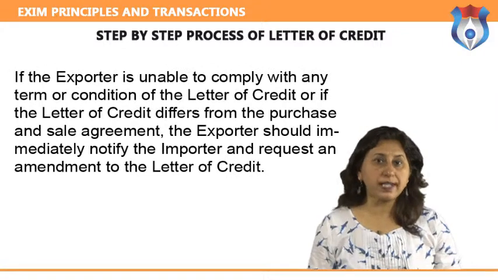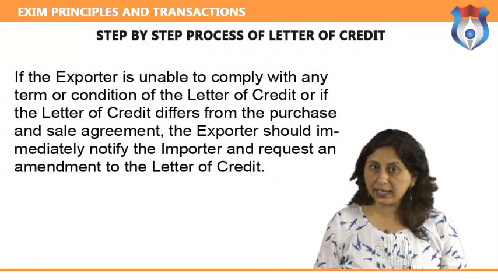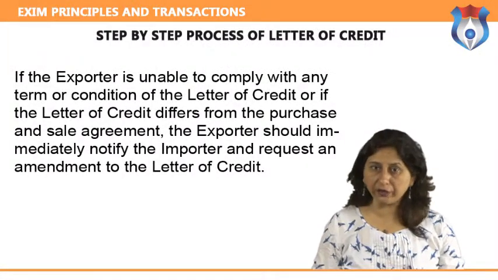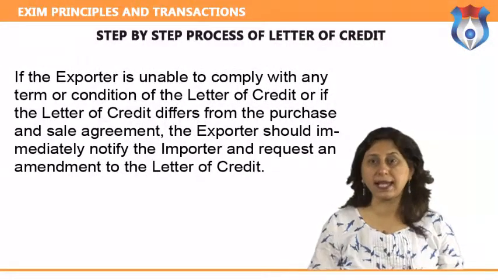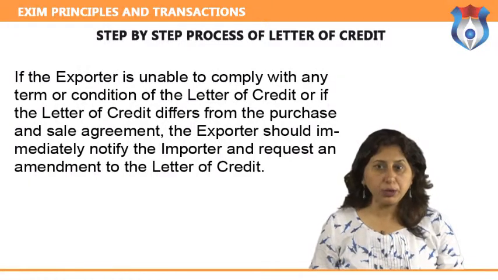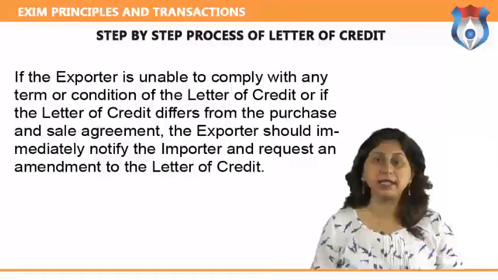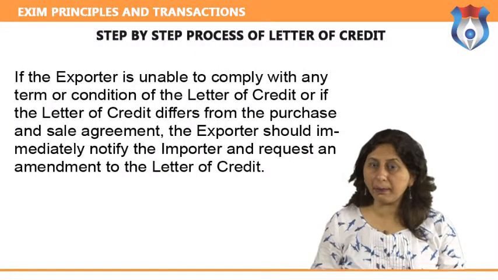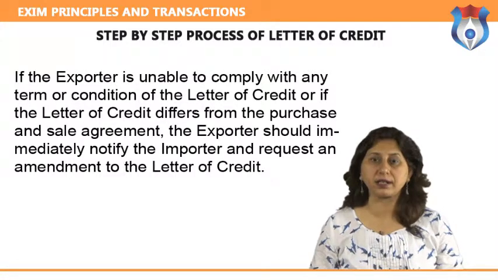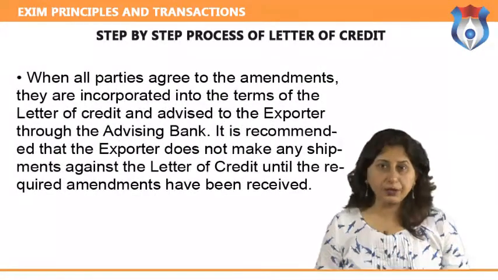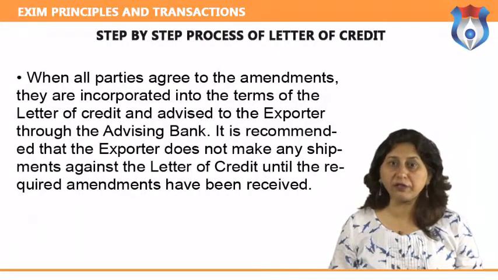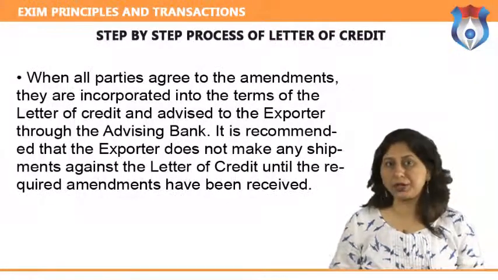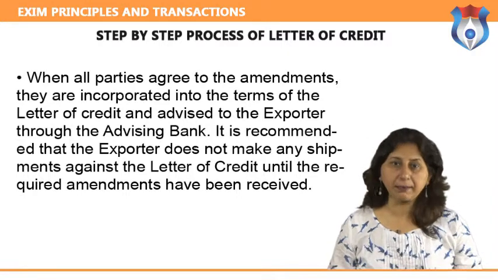If the exporter is unable to comply with any term or condition of the letter of credit, or if the letter of credit differs from the purchase and sale agreement, the exporter should immediately notify the importer and request an amendment to the letter of credit. When all parties agree to the amendments, they are incorporated into the terms of the letter of credit and advised to the exporter through the advising bank.